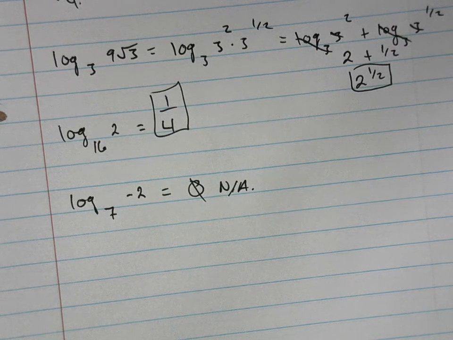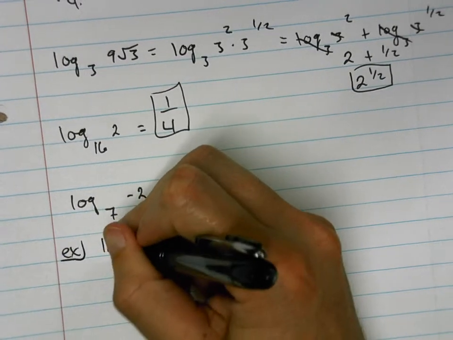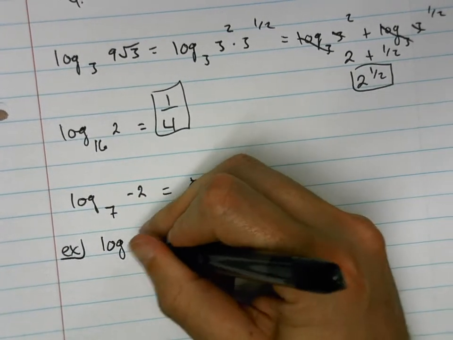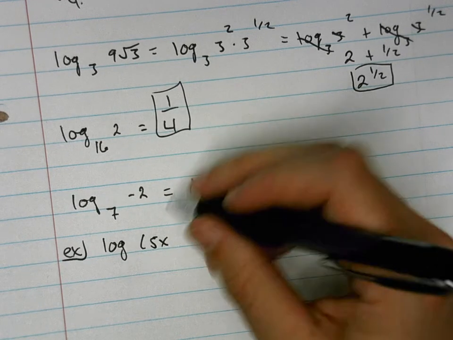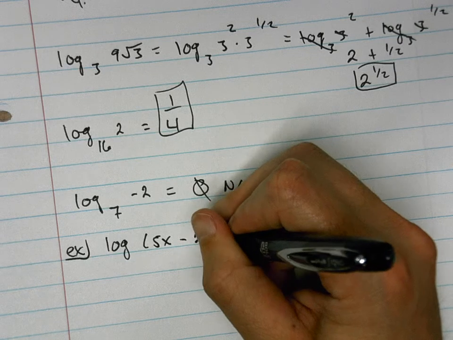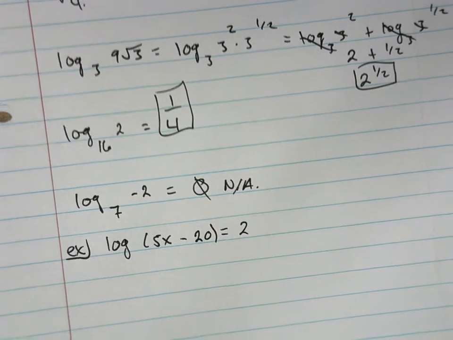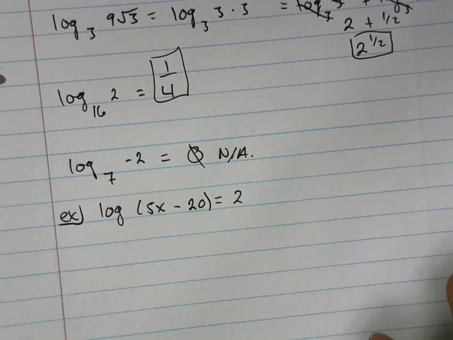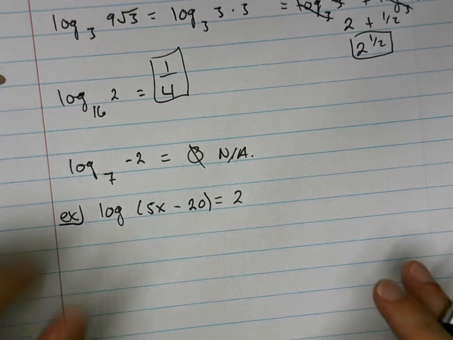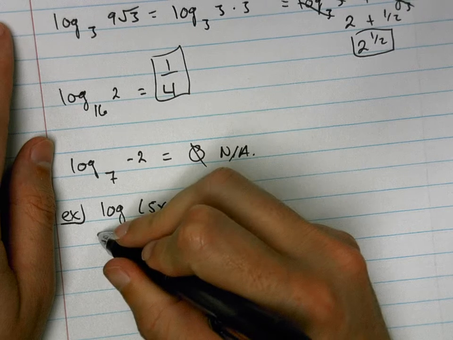So let's say we got log of 5x minus 20 equals 2. What I really need to do is get rid of the log. So to get rid of the log, I need to put a base underneath it.